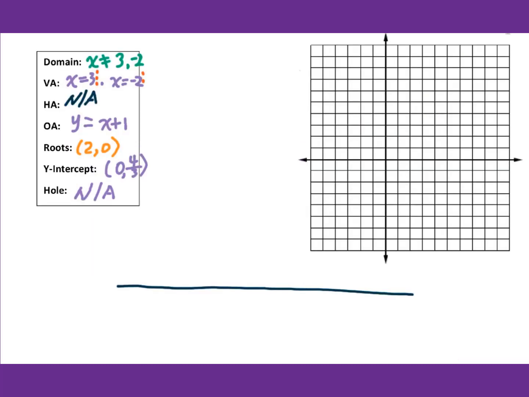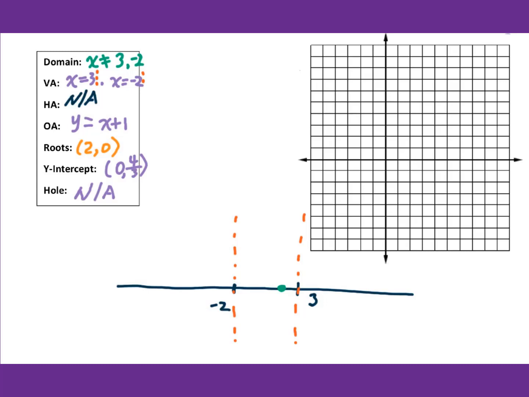Now let's sketch the number line. We have 3, -2, that's a vertical asymptote line. Then we have 2, 0, that's a root of this rational function here.